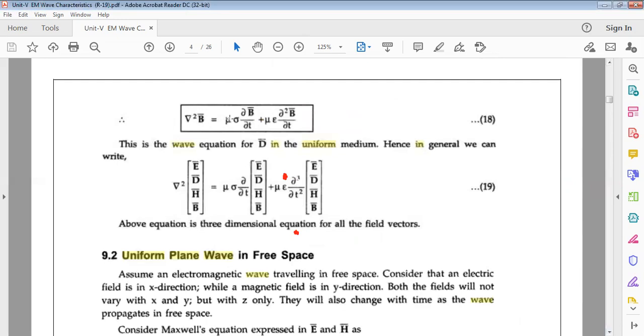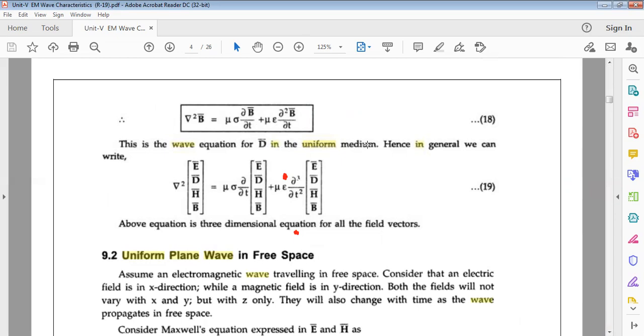Del square B bar is equal to mu into sigma dou B bar by dou t plus mu epsilon into dou square B bar by dou t square. This is the equation for the B bar in the uniform medium, not the equation for the D bar. It is a B bar, my students.